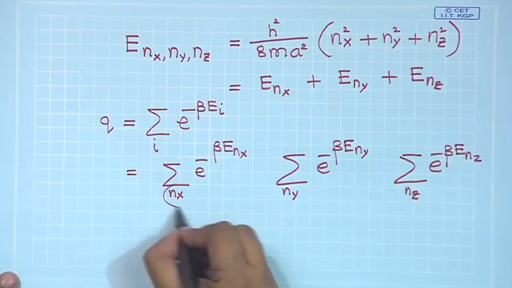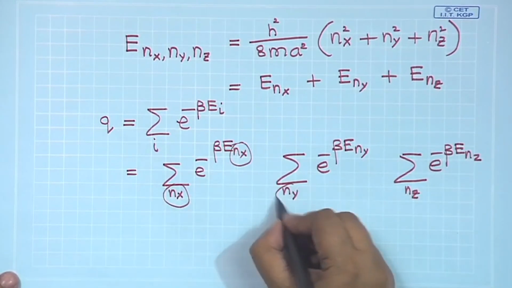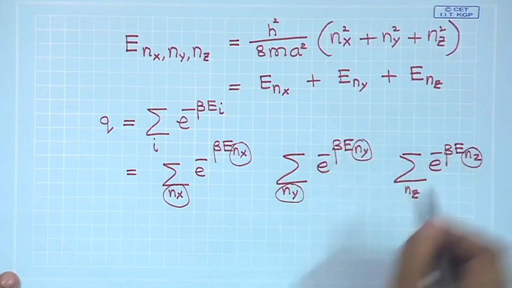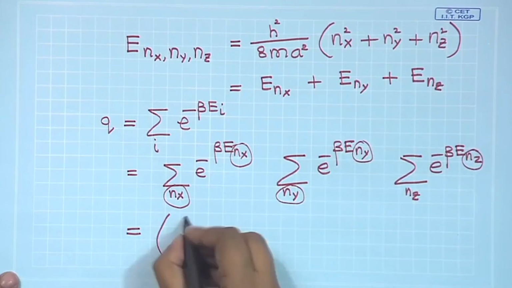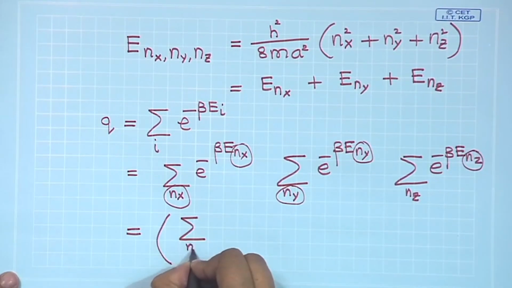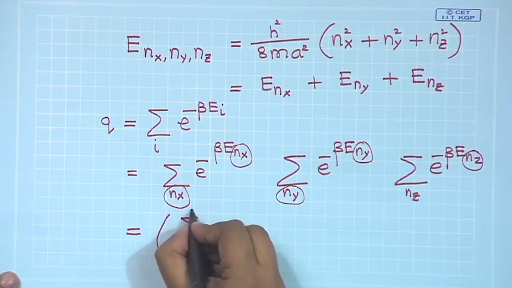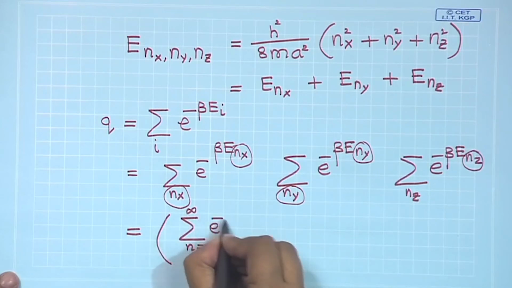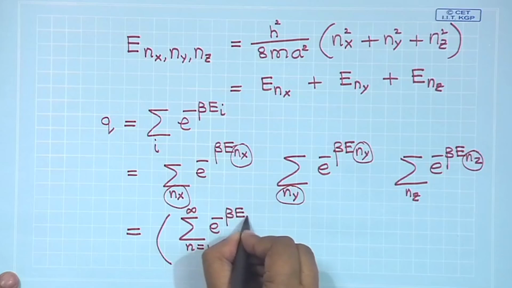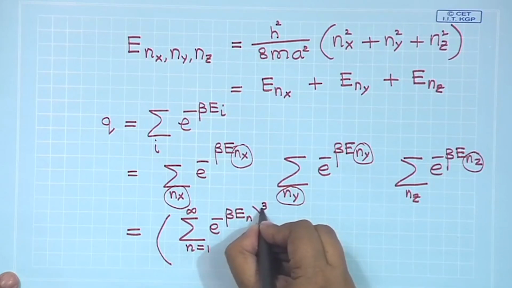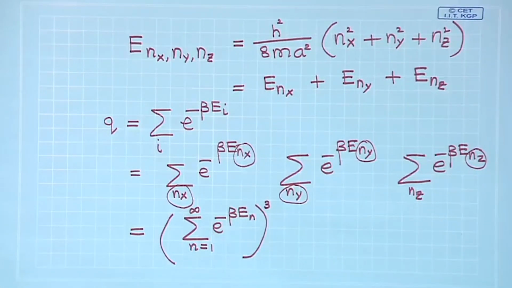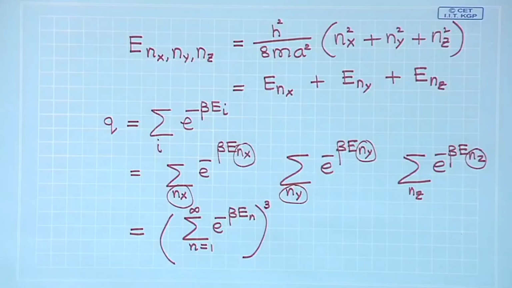As you see, these are dummy indices, right? All of these three summations are the same. Okay? So, I can very easily write that essentially what I need is the value of this summation of e to the power of minus beta En, whole cube, the same summation being taken 3 times in multiplication with each other. Now, do you know the value of this summation?